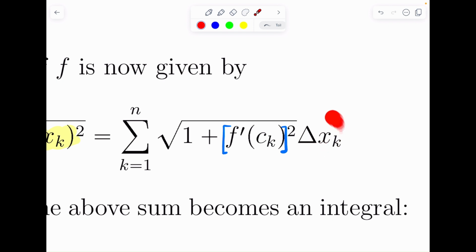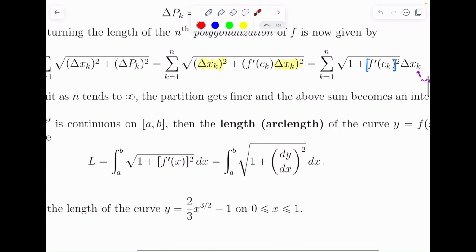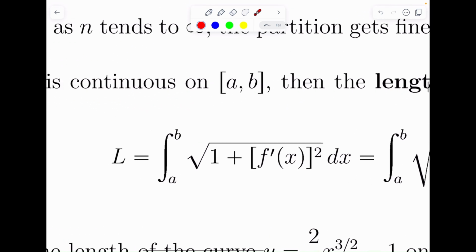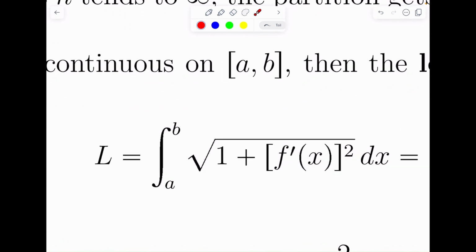This is important because the delta xk right here is what will eventually turn into our dx. So indeed, once I take a limit as n goes to infinity, this quote-unquote Riemann sum becomes this formula right here. The summation becomes an integration. The integrand now comes from that root 1 plus f prime x squared, and the delta xk becomes a dx.